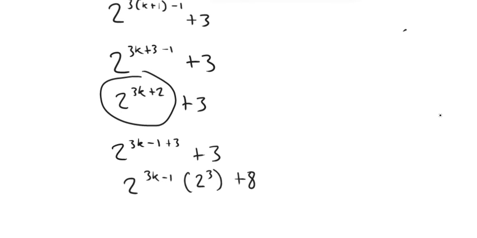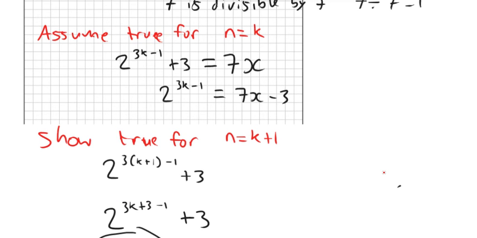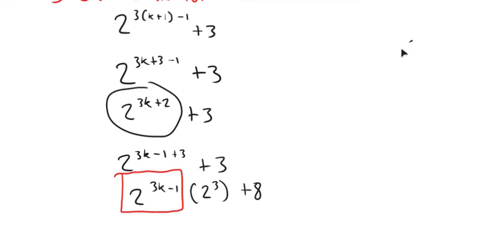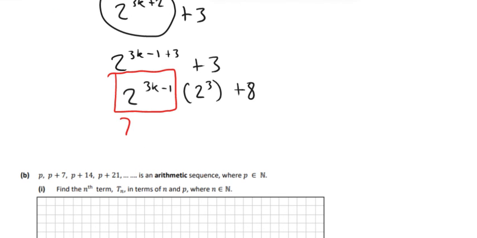So I can sub in for this: 7x minus 3, where 7x is just a number, times 2 to the power of 3, which is just 8, and then I have plus 8 as well. No, I shouldn't have plus 8, I should have plus 3.